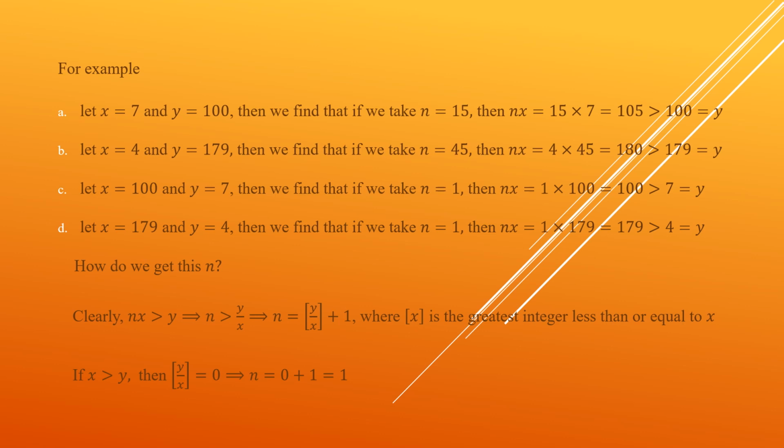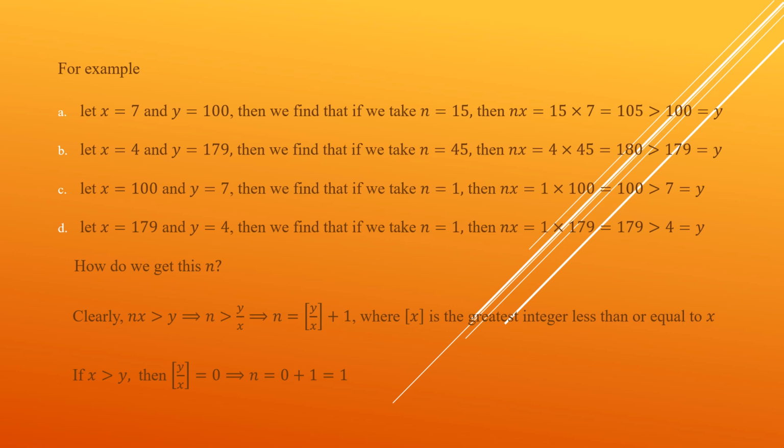Now the question is, how did all these natural numbers come into the picture, that is 15, 45, 1 and 1. So the idea behind it is that nx should be greater than y, and therefore we want a natural number greater than y by x. So y by x can be a fractional number, or it can be a real number, or it can be a rational number.